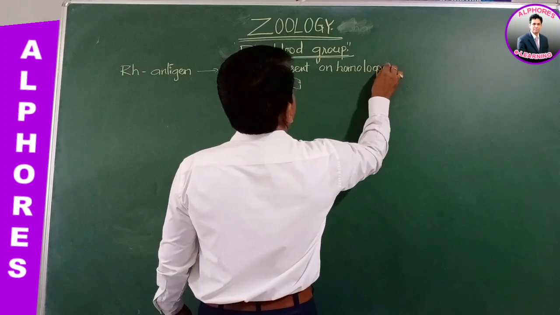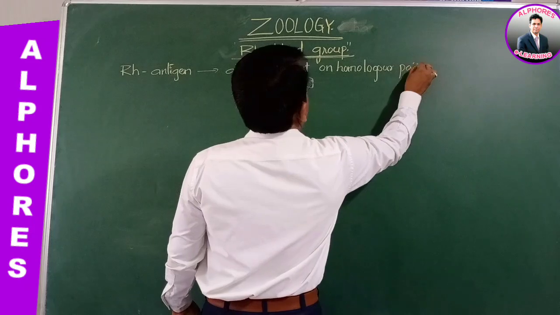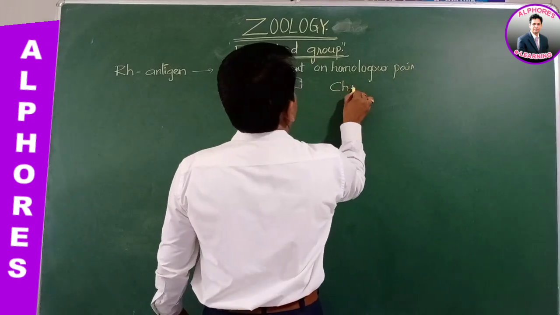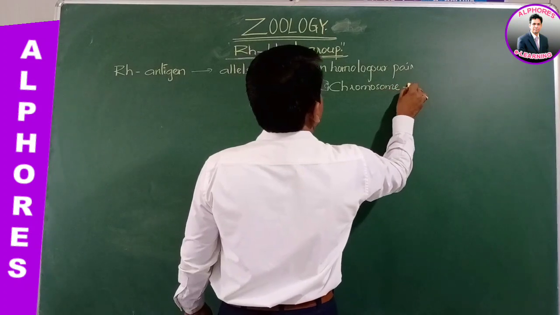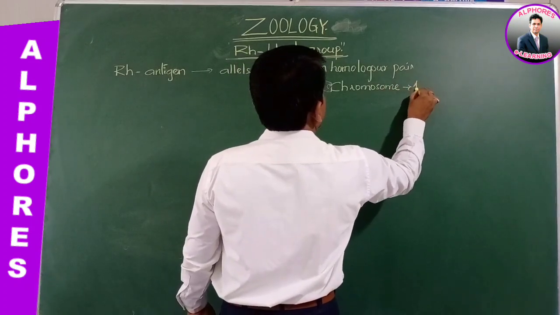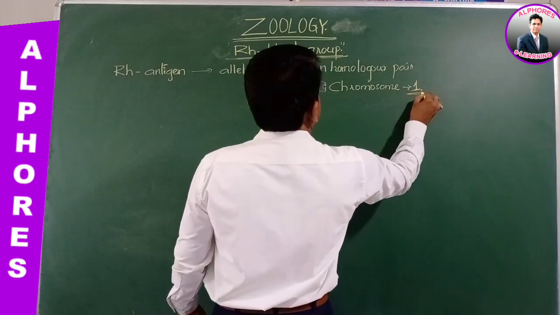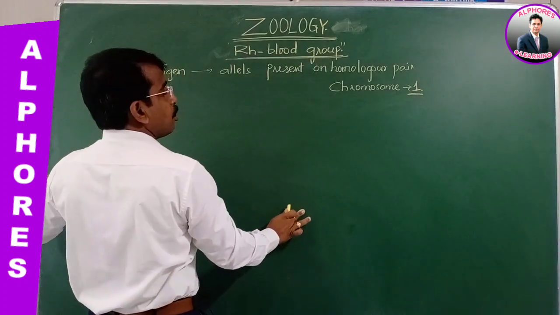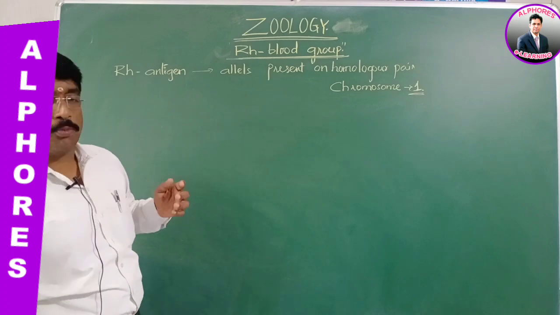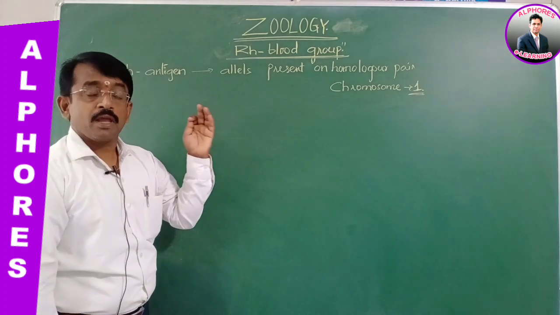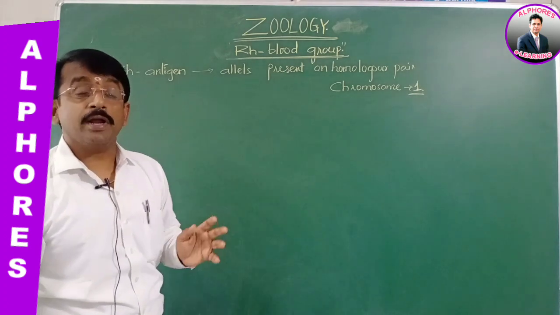Like the ABO blood grouping system, this is also an autosomal trait.